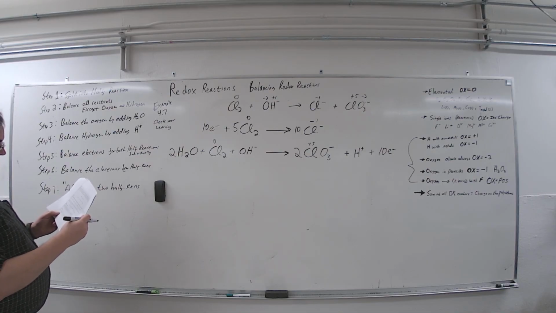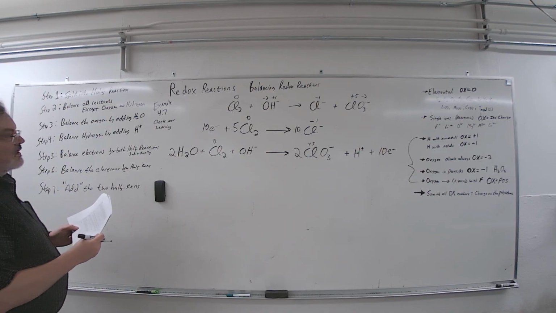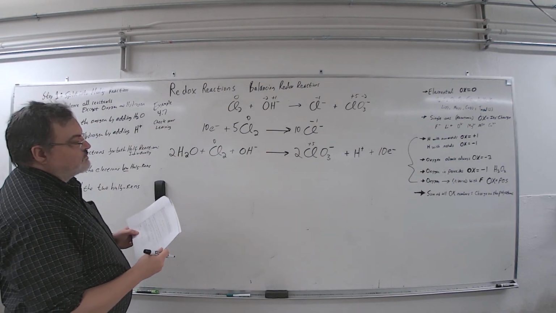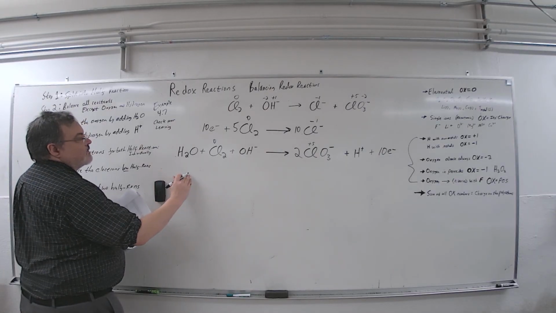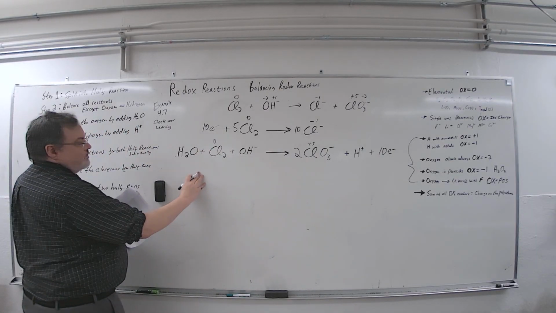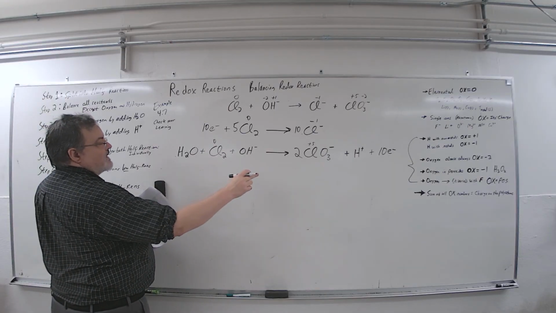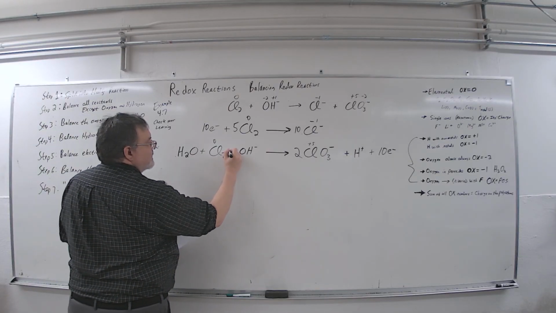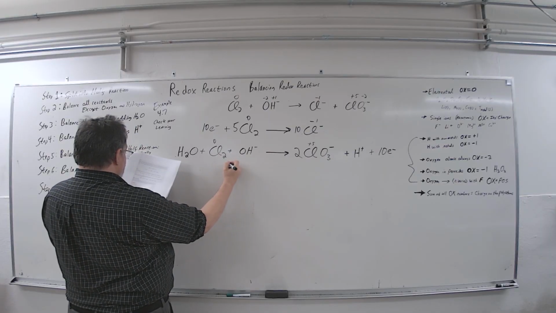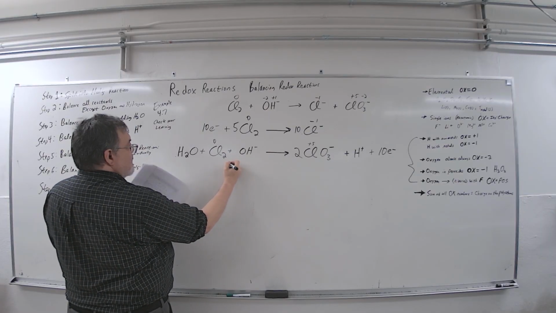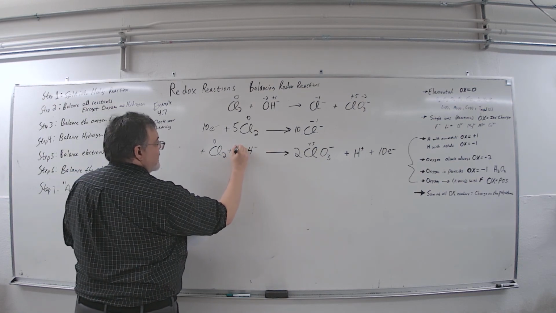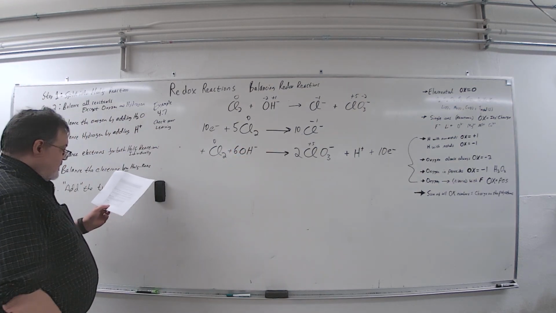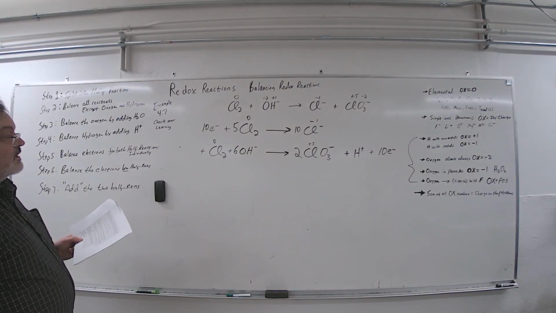I'm not coming up with the same thing they did. You have 6 oxygens on the right side and only 3 on the left side. 6 and 3. So what should this be? If I got 6 there, so I think I have to put water does show up here.